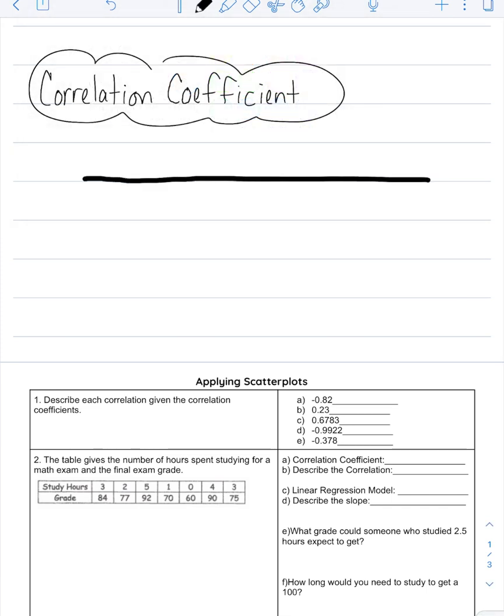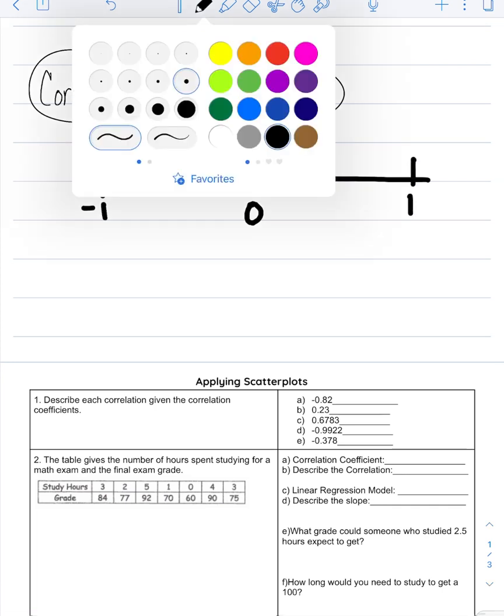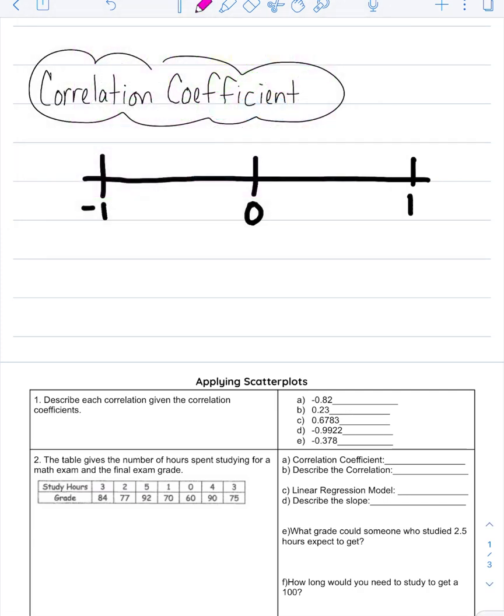We're going to draw a number line with 0 in the middle, -1, and +1. The coefficients, the strength and description of the relationship, fall somewhere on this number line.